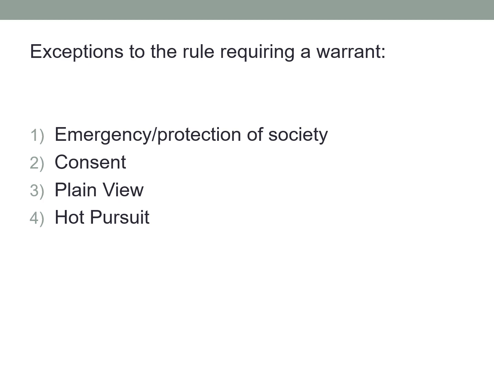If there is an existence of a general or neutral plan of regulation, let's say, for example, restaurants, they have to maintain a permit under the health departments. So the health department is going to be able to come into that business and inspect it and not need a warrant, and they can seize anything, say spoiled food or contaminated food, without having a warrant.